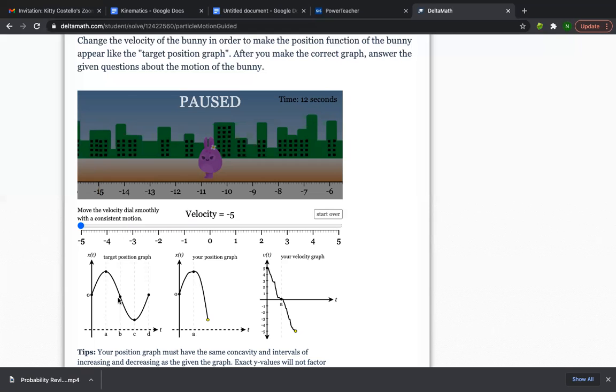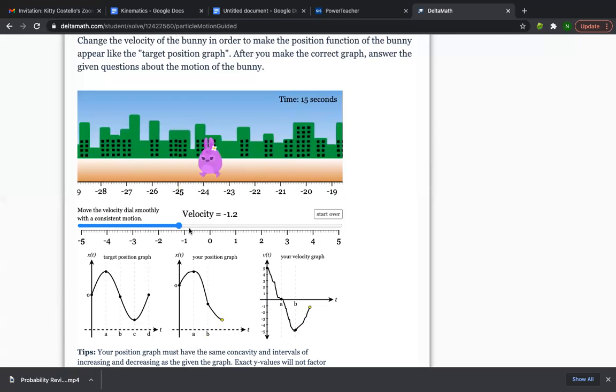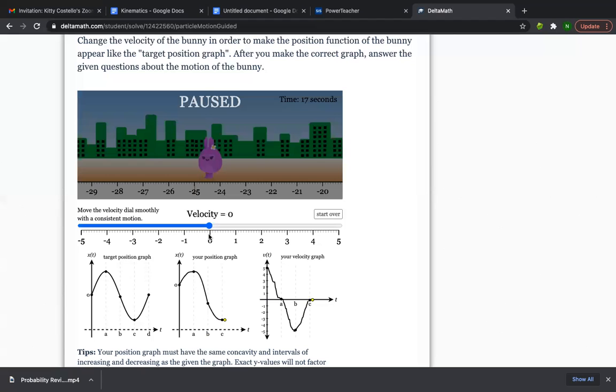The slope here is negative, meaning my velocity graph is still going to be negative, but now it's concave up. And if it's concave up, then that means the slope of velocity is going to be up. So now I need to go back the other direction. Okay, now I've reached point C, where the object is at rest because it's at a maximum or minimum.